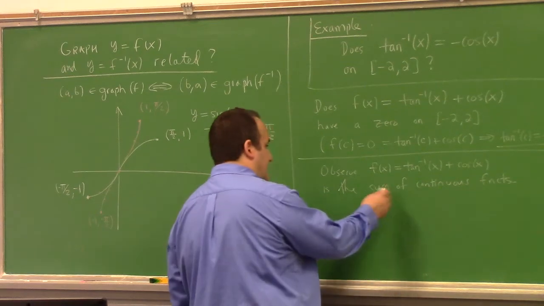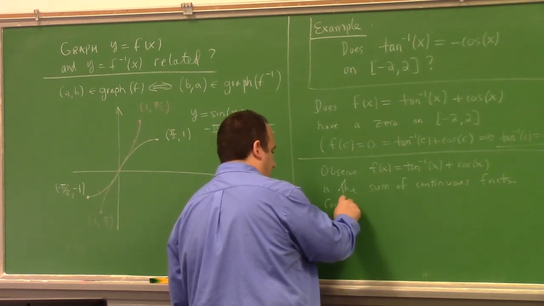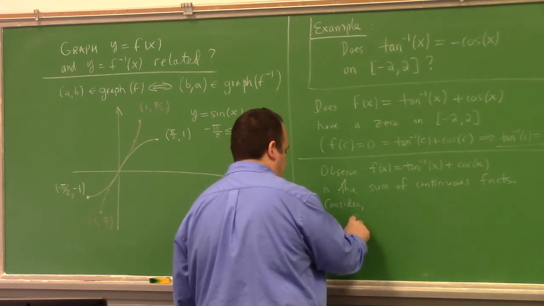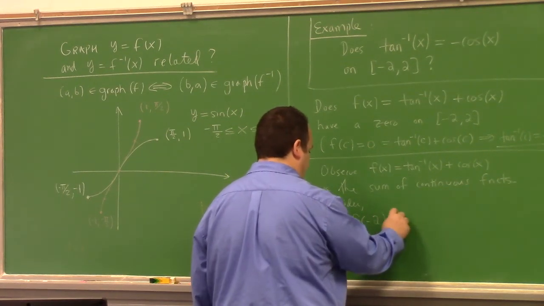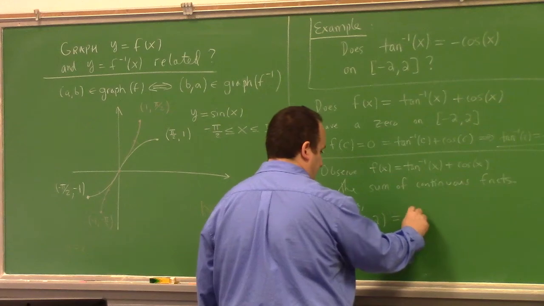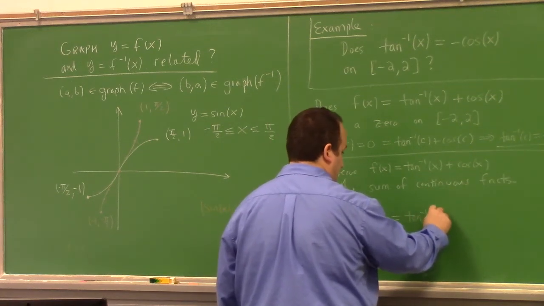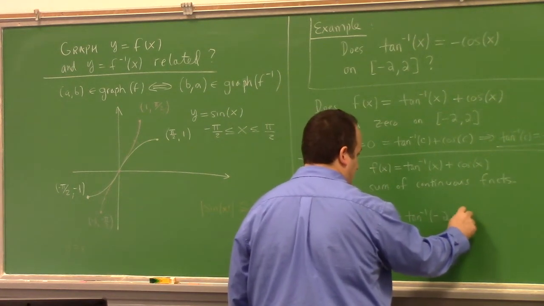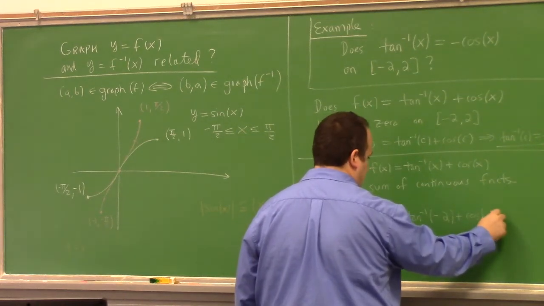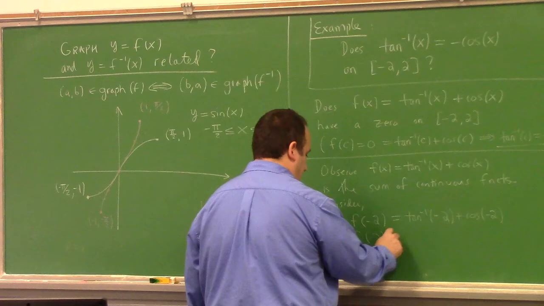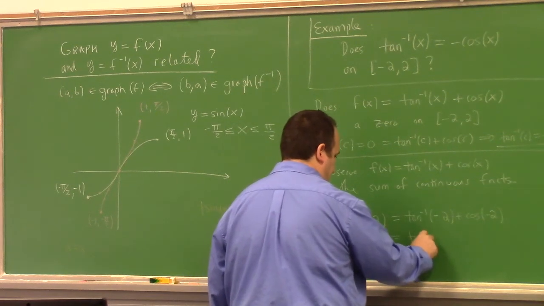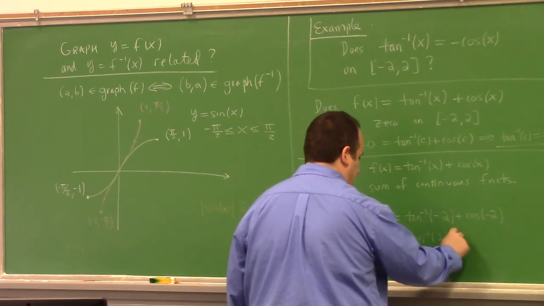So consider, what's f of minus 2 equal to? Inverse tangent of minus 2 plus the cosine of minus 2. What's f of 2 equal to? Well, that would be inverse tangent of 2 plus the cosine of 2.